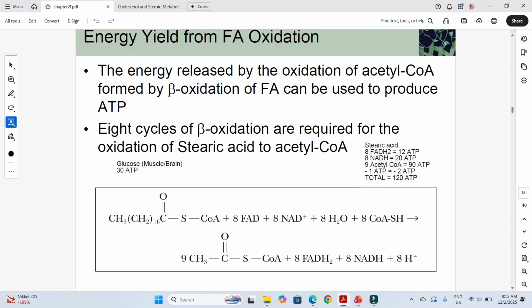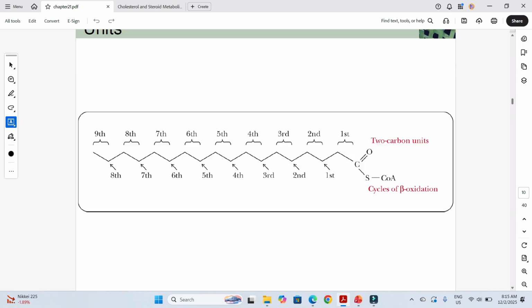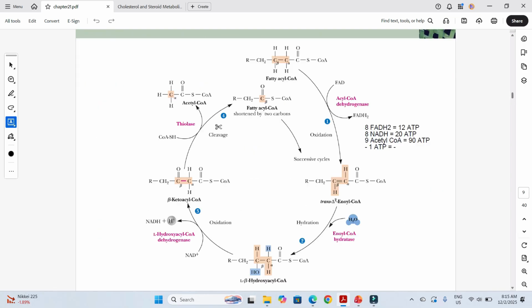Now, one thing that you have to bear in mind is, what if there's already a double bond? If there's already a double bond in the molecule, then that means you will bypass the acyl-CoA dehydrogenase step. So that means that you're just going to subtract one FADH2 from your calculations, right?